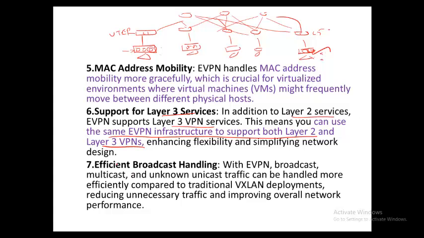We have seen 7 points. Benefits of EVPN with VXLAN: enhanced scaling, optimized MAC learning, integrated control plane, multi-homing and redundancy, MAC address mobility, support for layer 3 services, efficient broadcast handling. Now use case, as you already know, it is used in data center, service provider, cloud environment, right?